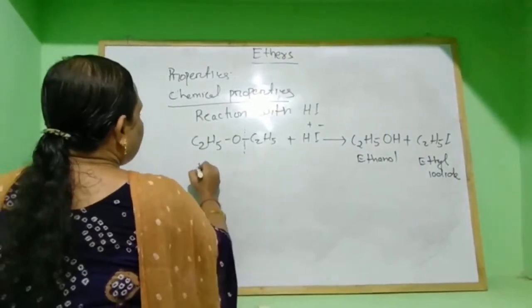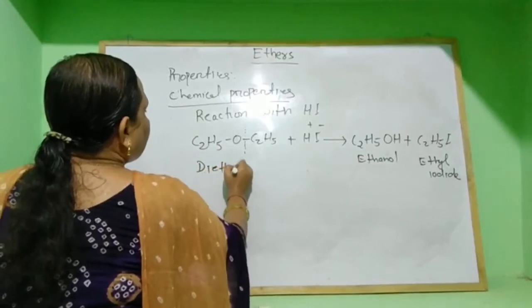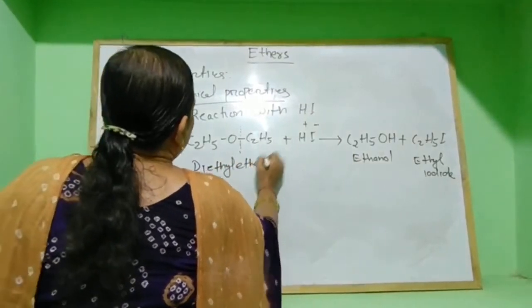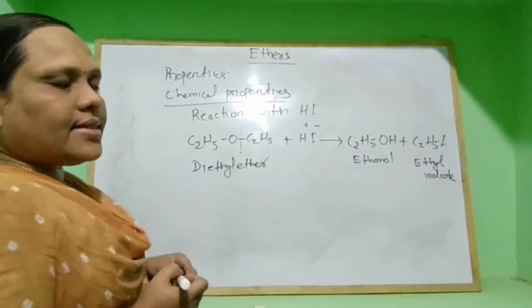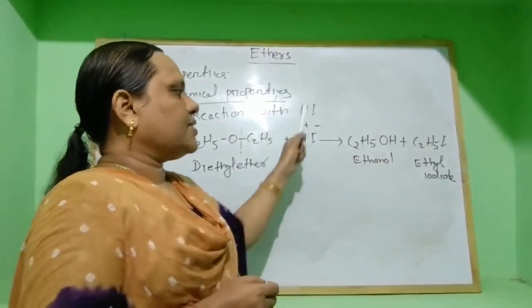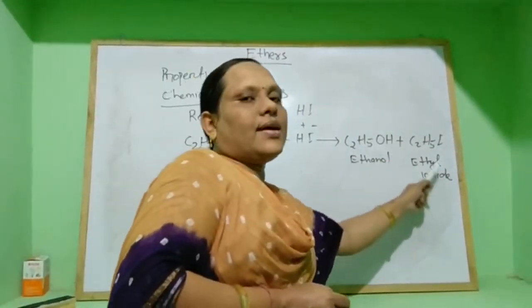This is diethyl ether. So when diethyl ether reacts with halogen acid, it gives ethanol and ethyl iodide.